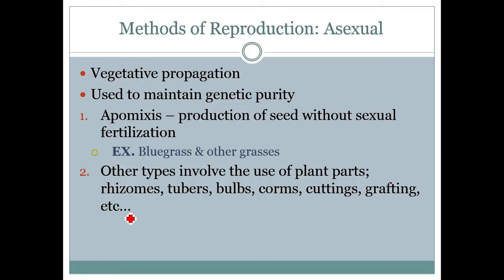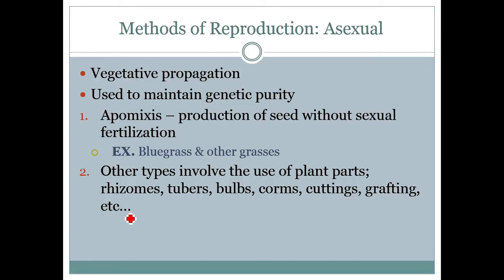stolons. The stolon is not listed here, but the stolon is a modified stem, you'll recall, and it has a role in asexual propagation. But what you get when you propagate something asexually is an exact copy of the plant itself. There's no meiosis going on, no recombination of genes.